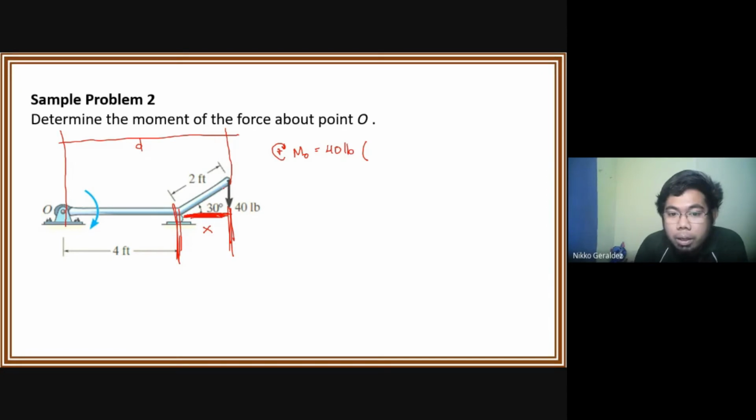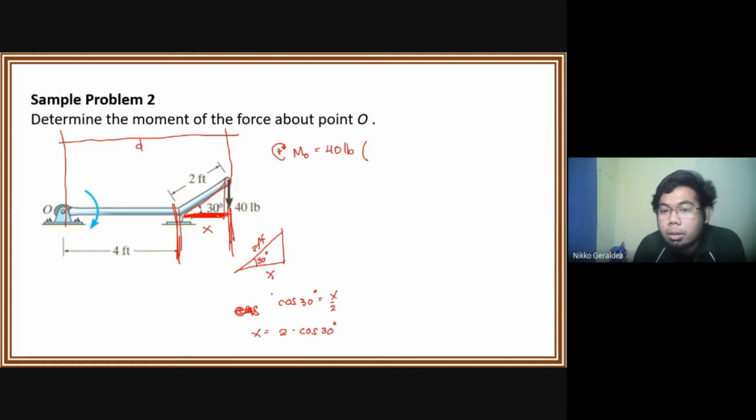di ba, that is a right triangle. I-isolate mo. So, x, 30 degrees, and 2 feet. x is adjacent side, so that is cosine 30 equal to x over 2. Or meron kang x equal to 2 times cosine 30 degrees. So, that is 4 plus x.